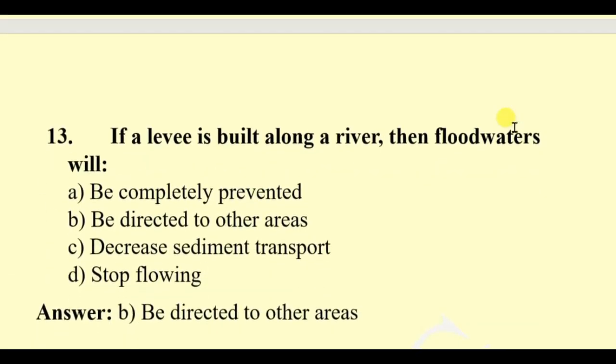Question 13. If a levee is built along a river, then flood waters will be completely prevented, be directed to other areas, decrease sediment transport, or stop flowing.